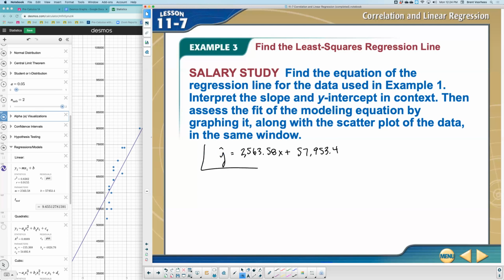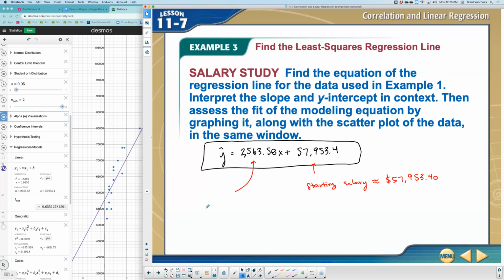Here's my equation right here. What does this mean in this context? It means that the starting salary, that's the y-intercept, is approximately $57,953.40. That's the starting salary.